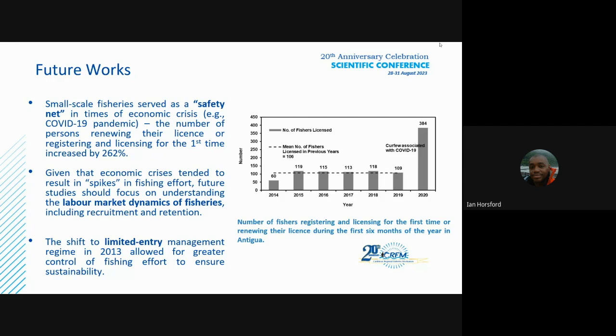That may be fine to support individuals in times of economic crisis, but that creates another issue, the issue of sustainability. For instance, if you have a resource and it's already stressed to the max, you would not want new entry. Luckily, in our case, we had a limited entry management regime in 2013, so individuals that were entering the sector at this time only had certain areas available for them to participate.